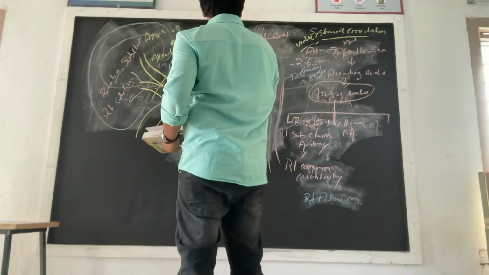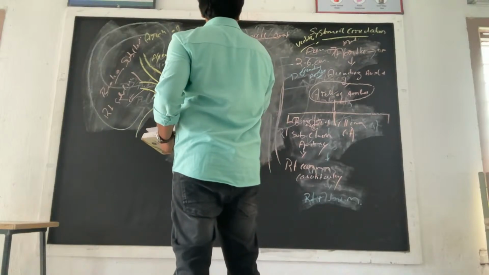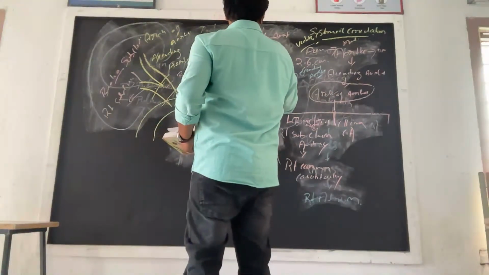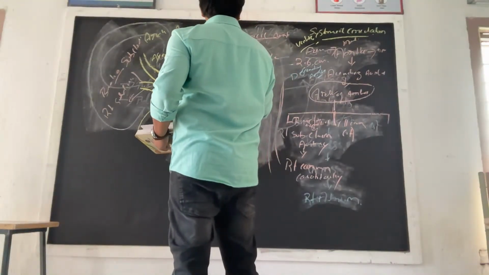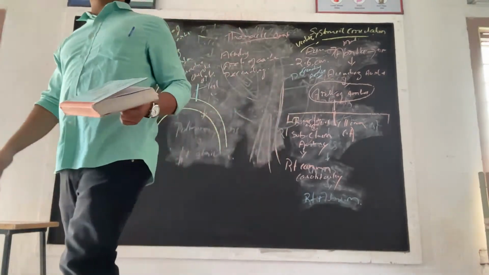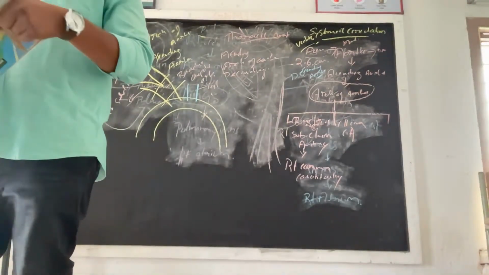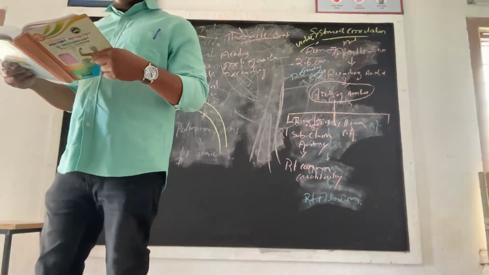Now we have ascending aorta, arch of aorta, and descending. So these are the three regions of aorta that are present in the thoracic region.